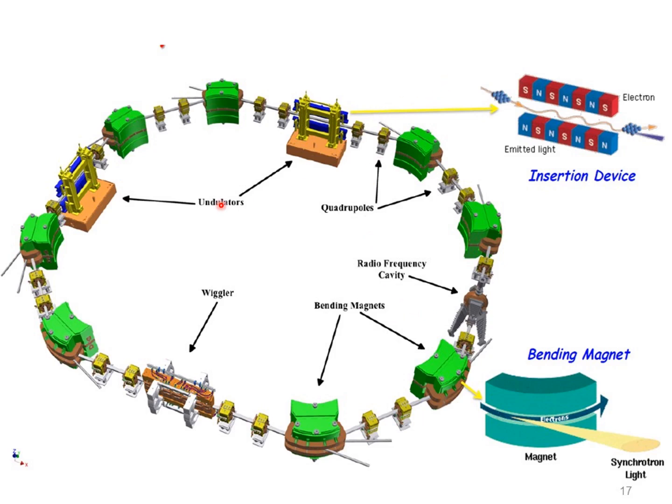In the undulator, you can see the insertion device, which is a form of magnet, and in the bending magnets, you can see here is the bending magnet, and synchrotron light passes from these magnets, which is used in different experiments.